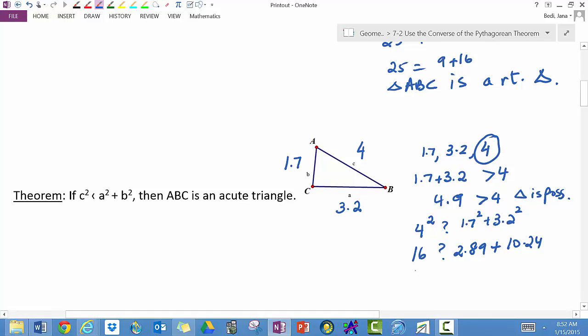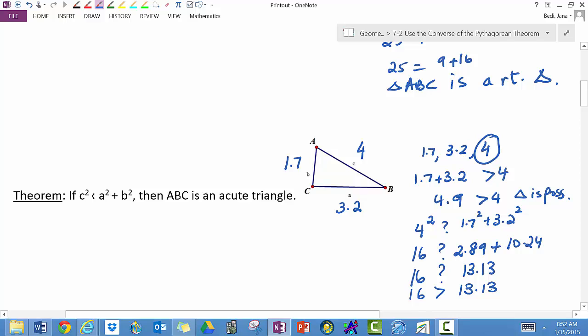And if I add those two together, this is 13.13. So 16 is greater than 13.13.